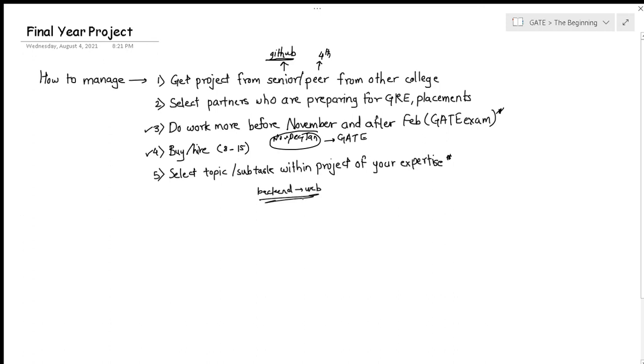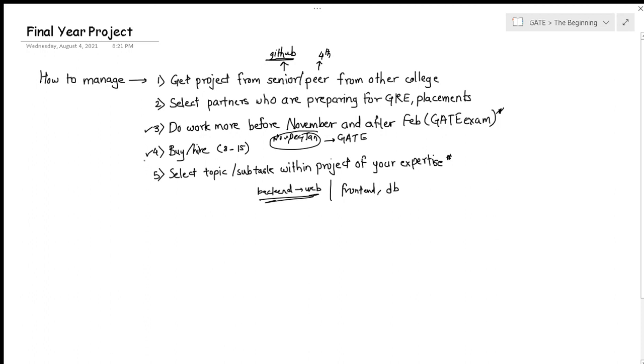So what you can do is get done with your project early, before November, and after the initial front end and all those things are on the work, they will definitely take some time, like the front end, databases, right? So by that time you will be done with your GATE exam and you can rejoin the flow after that. So this is also a very good choice, that please make sure you are selecting the topic in which you are very fluent and have good experience in implementing, so that it won't take much time.